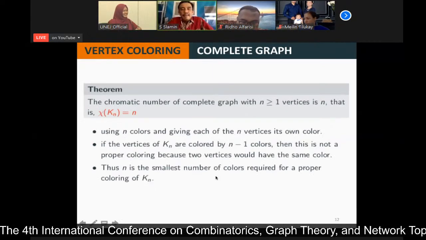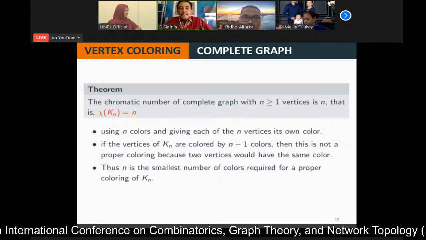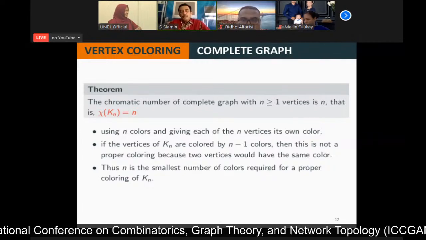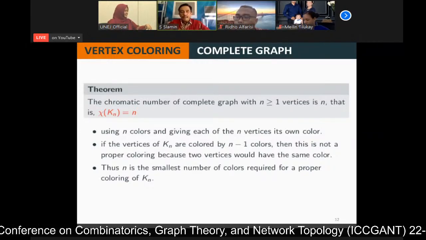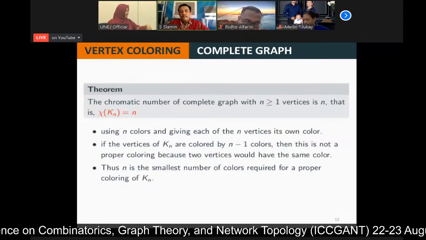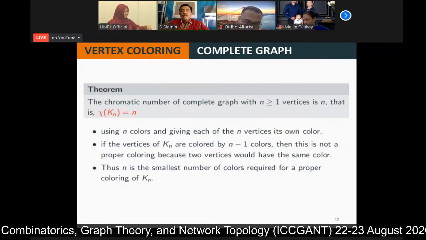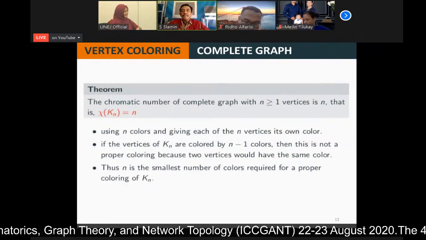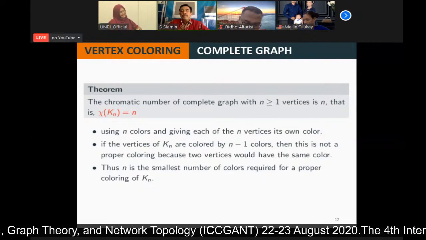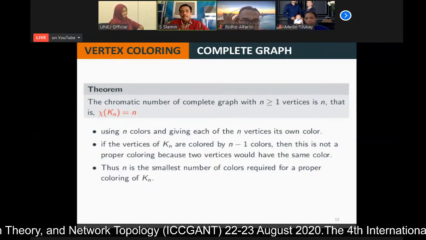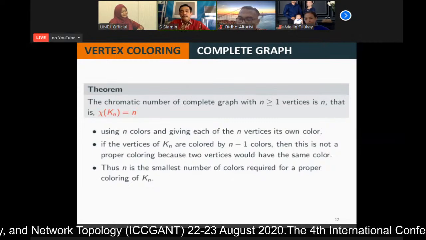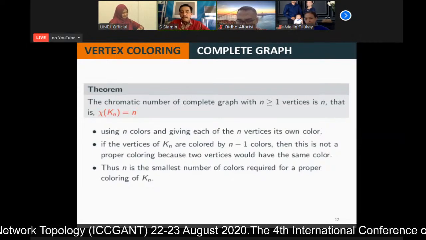The first graph, which is easy to prove, is the complete graph. The chromatic number of the complete graph is n, because every vertex in a complete graph is adjacent to each other. So we cannot have n minus 1 colors.